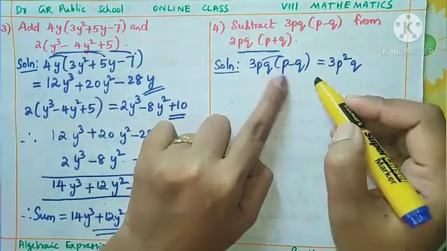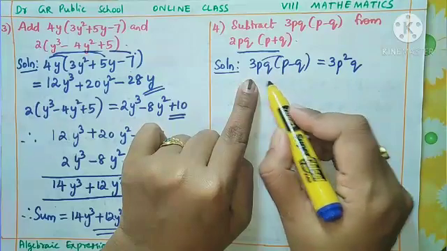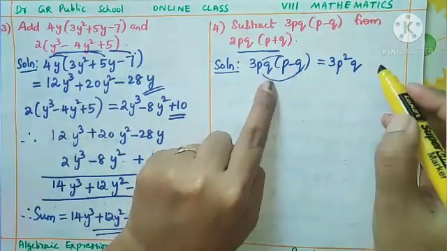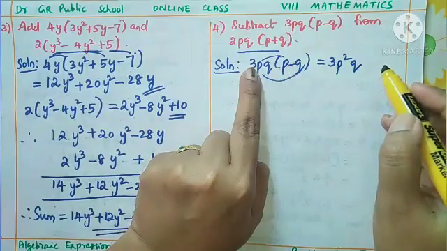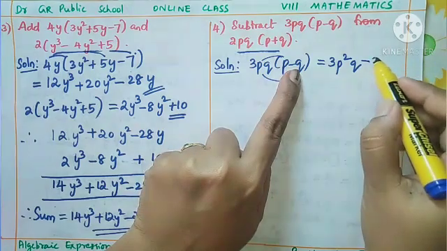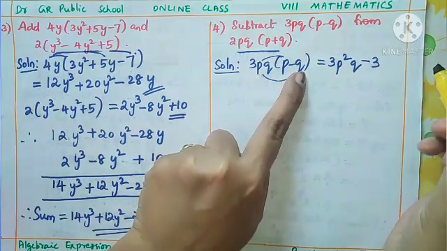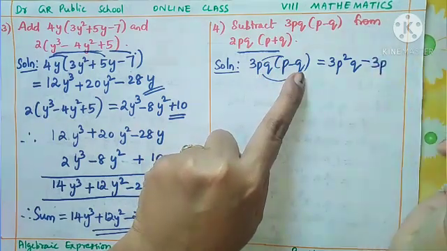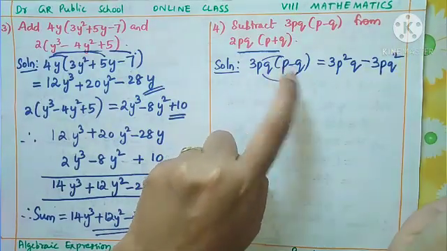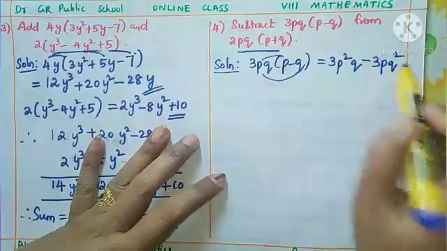So first step is over. Now second step is 3pq into second term minus q. So minus is there, here plus. So minus will come. Then 3 into no number. So 3 and p into here no p. So p and q into q, that is q square. Okay. So that is the answer for the first bracket.